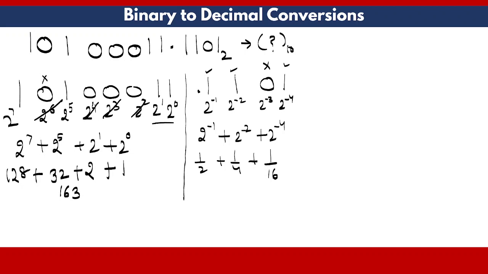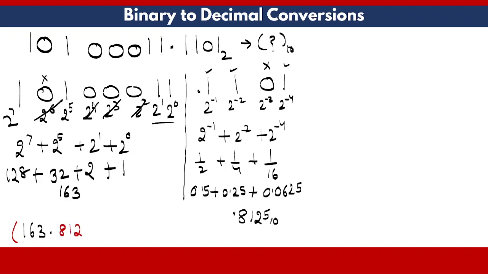The answer you get is 0.5 plus 0.25 plus 0.0625, and your answer is 0.8125 in decimal. So the final answer is 163 dot, the decimal part is 8125. Always put the decimal point at the correct location.